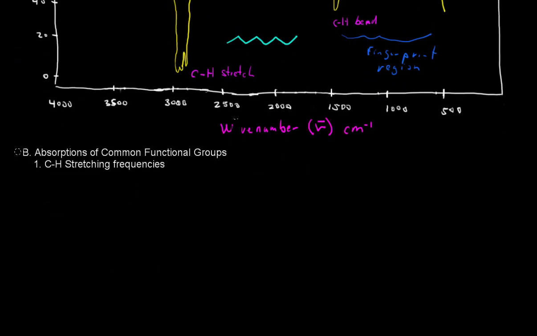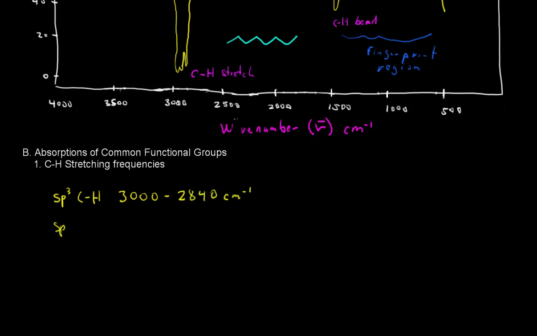And so, interestingly, the hybridization of the carbon bearing the hydrogen that's being observed affects the CH stretching frequency. As we see above, the carbon-hydrogen stretching frequency for an sp3 hybridized carbon ranges from about 3,000 to about 2,840. So just regular sp3 hybridized carbon bonded to hydrogen has a CH stretching frequency below about 3,000 reciprocal centimeters.